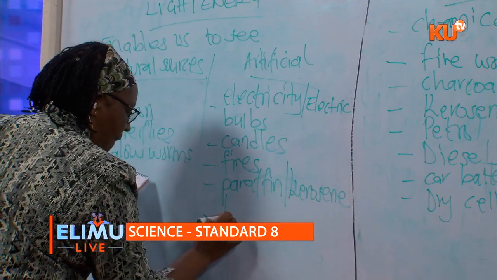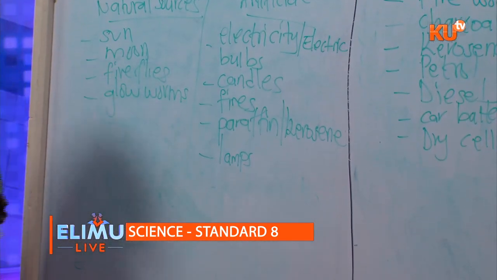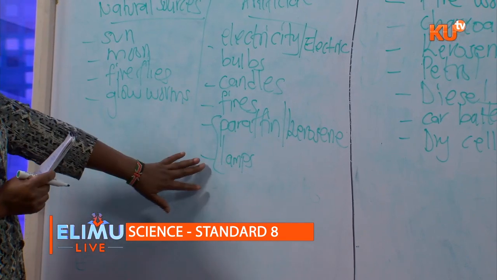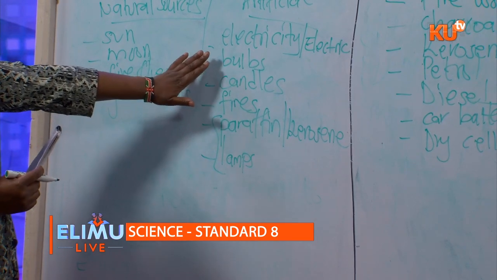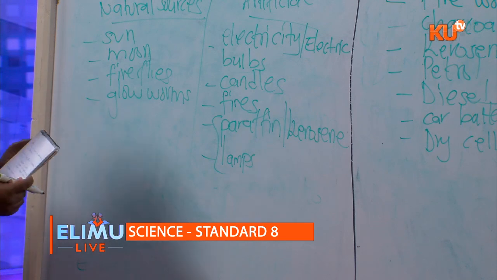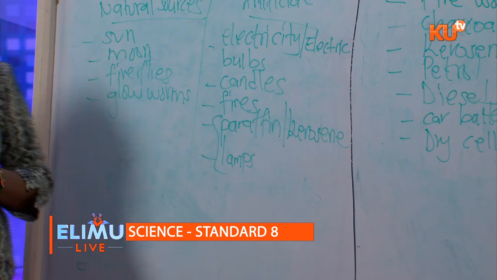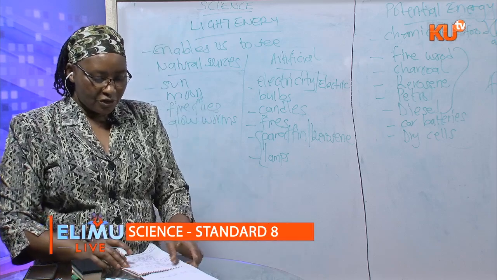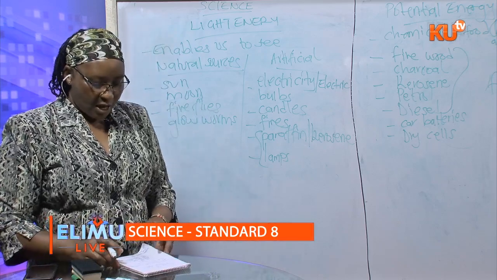And we have other types of lamps. So we have paraffin or kerosene lamps. So we have electric bulbs, which use electricity. We have candles, we have fires, we have paraffin or kerosene lamps. So those are the natural and artificial sources of light that we use. They enable us to see.